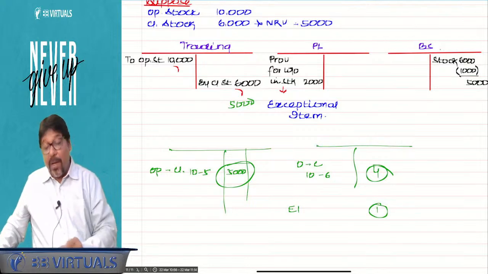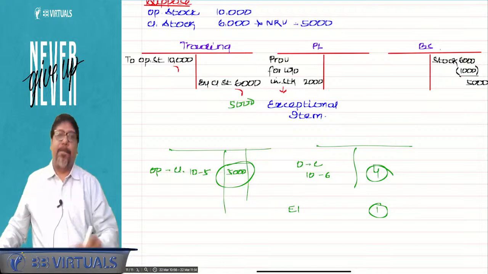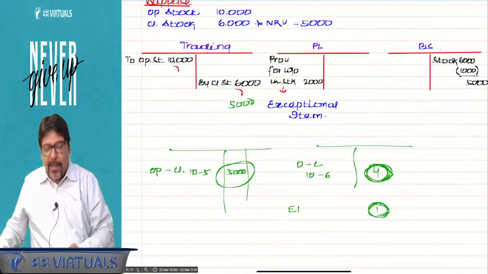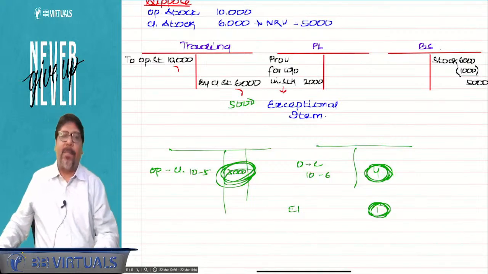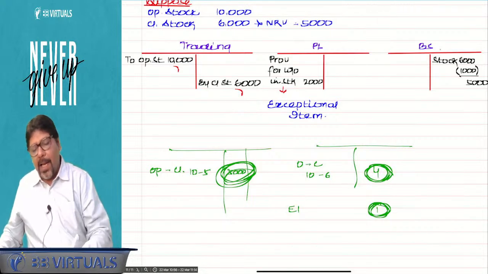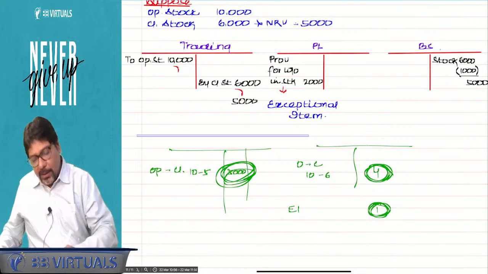Sir, 4 and 1. Why? Because sir, 4 is your pure expense and 1 is provision. Exactly. 4 is actual expense and 1 is provision. You cannot say the entire 5 is my expense.